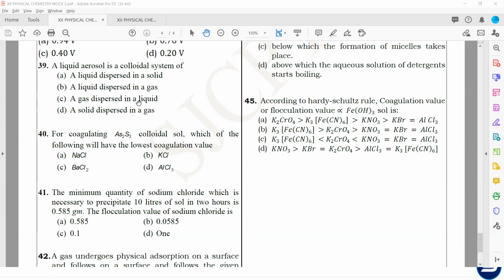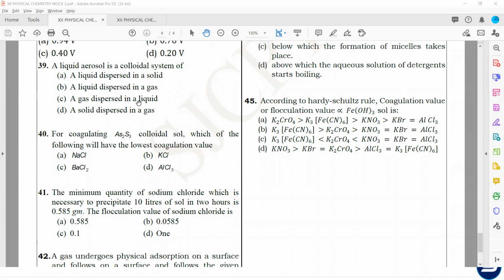Very important. Coagulation power and coagulation value are inverse. The lowest coagulation value will correspond to the highest coagulation power, and that will be for the highest positive charge, for aluminum chloride. That's why the answer is D.